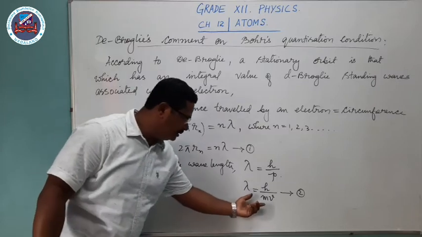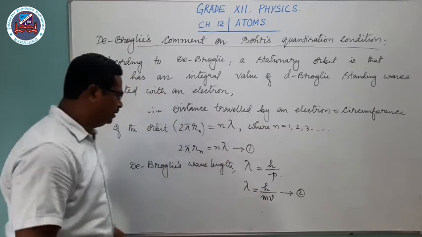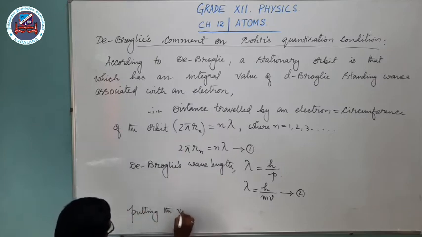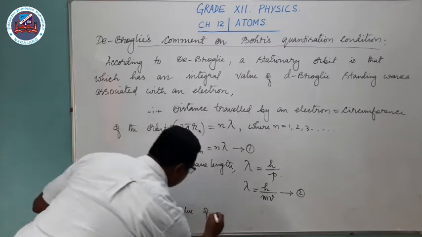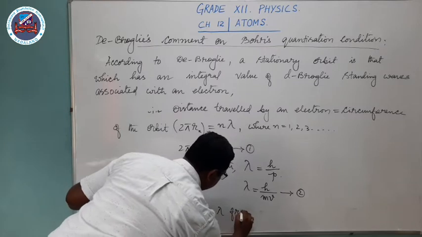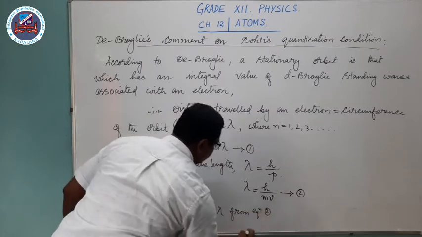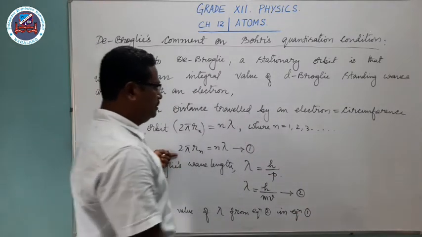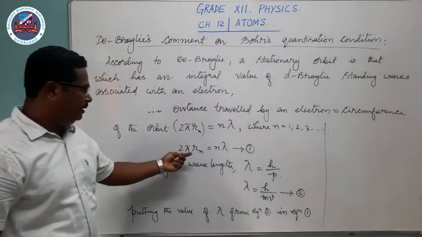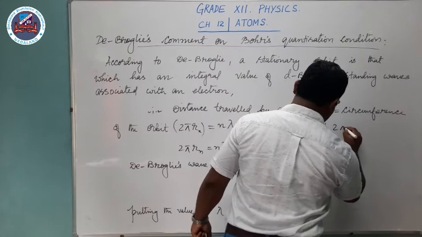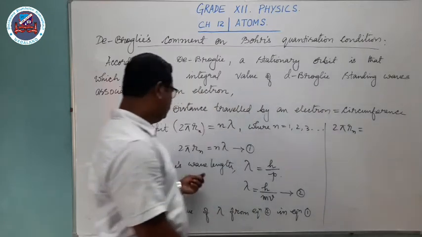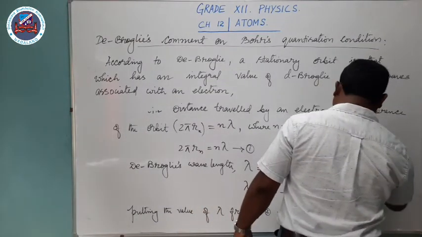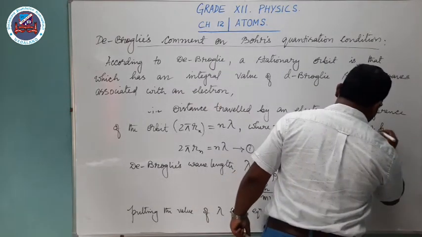If you put the value of this de Broglie's wavelength, putting the value of lambda from equation 2 in equation 1, we get 2 pi r_n is equal to n lambda_n, and your lambda is h by mv.